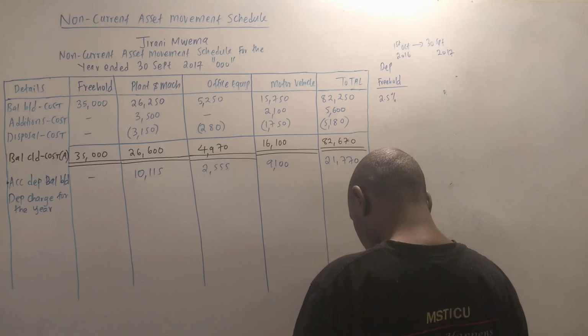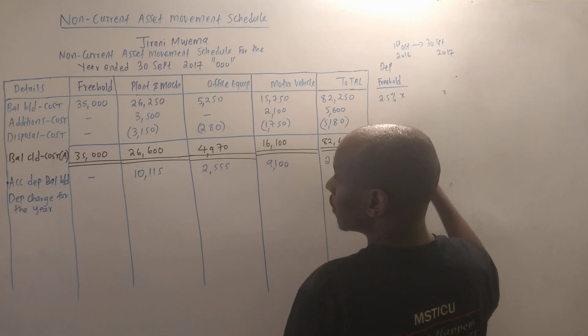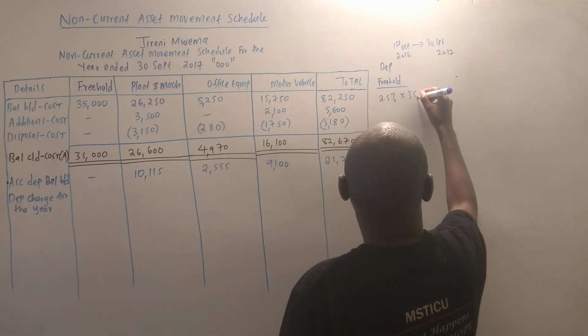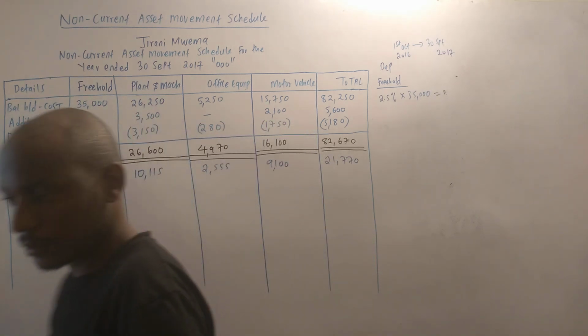On 1st October, the management of Jirani Mwema decided to depreciate freehold at a rate of 2.5% per annum. So times 35,000, because there was no depreciation during the previous years.